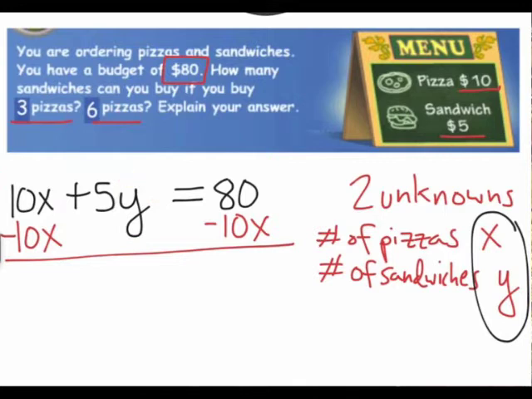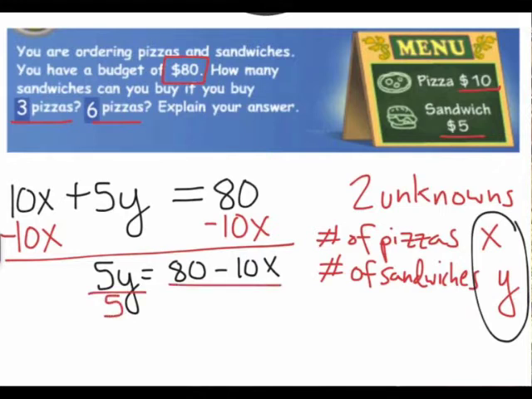So if we subtract 10x from both sides of the equation, we have 5y equals 80 minus 10x. Now there's one more step. We have to get rid of the 5. In order to do that, we have to divide both sides by 5. So y equals (80 minus 10x) divided by 5.